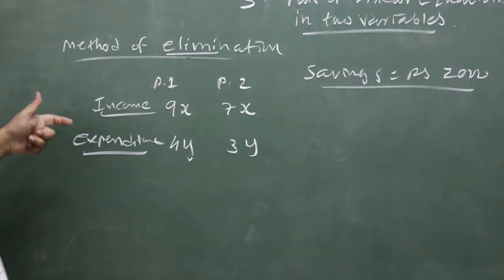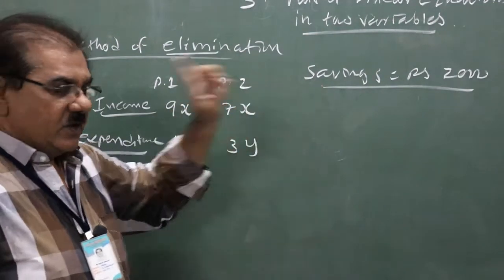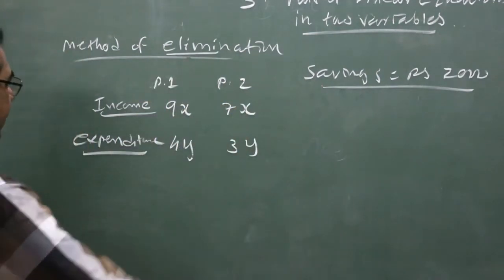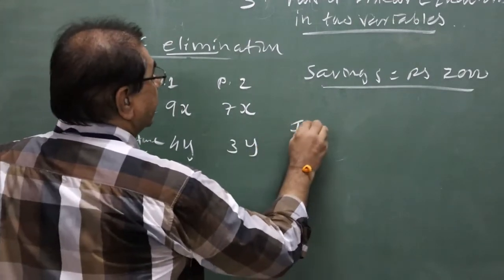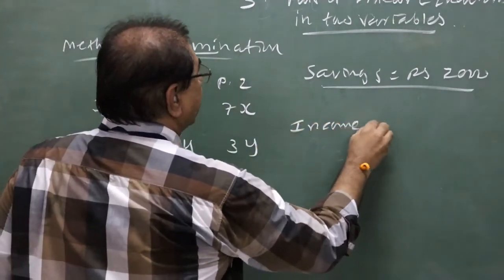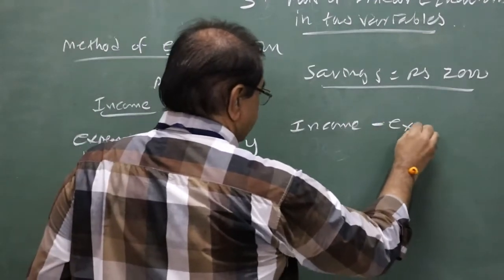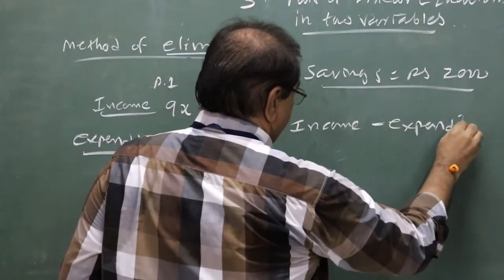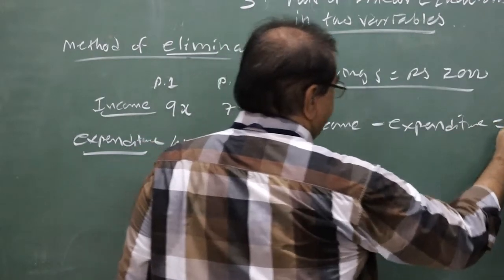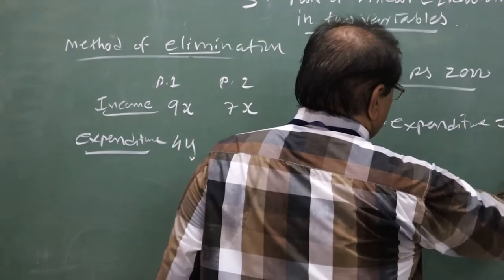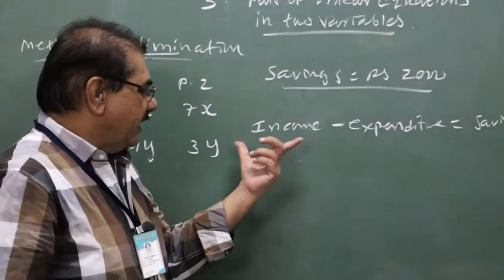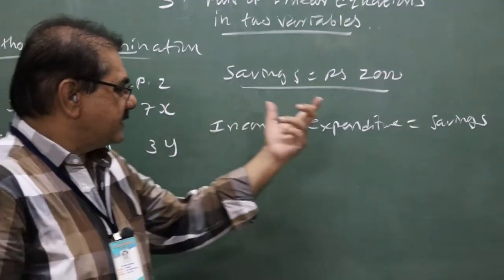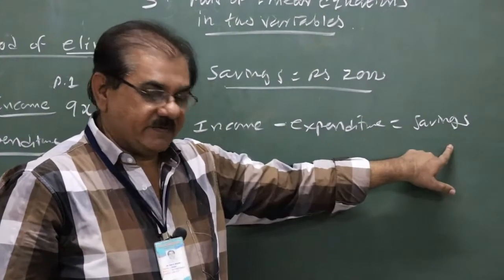So actually we have income, we have expenditure, and this is saving. What is the equation for saving? I can say income minus expenditure is equal to savings. It is our normal equation. Whatever we earn minus whatever we spend, what is left is savings.